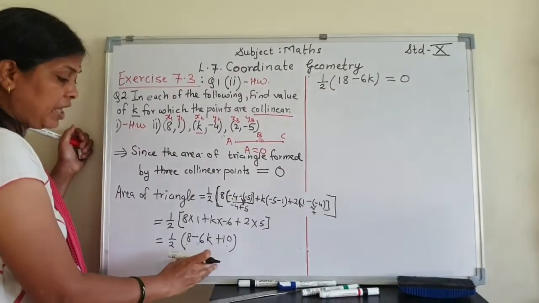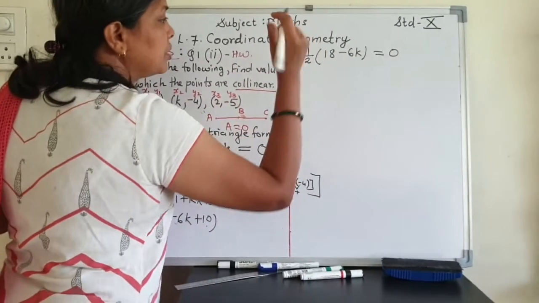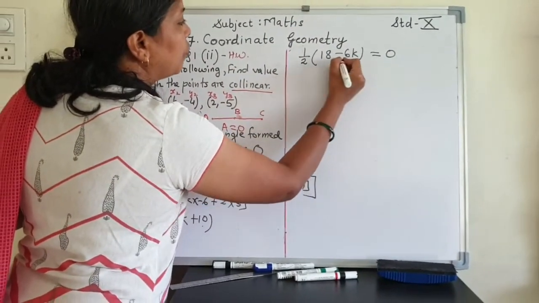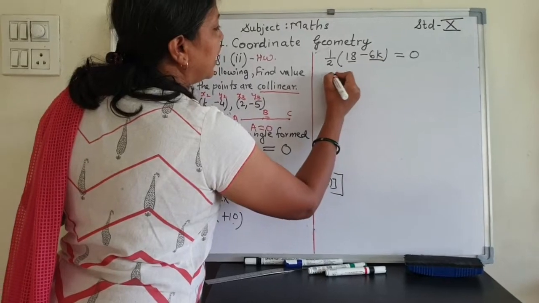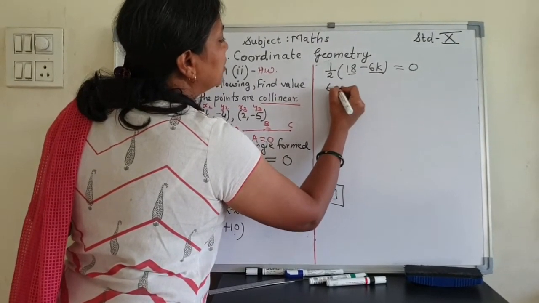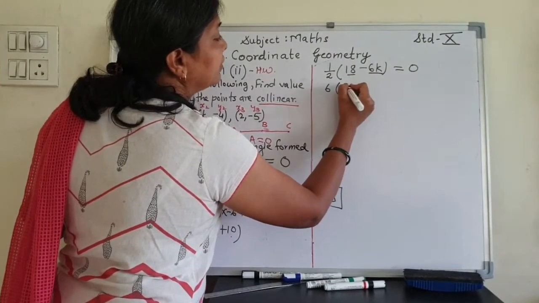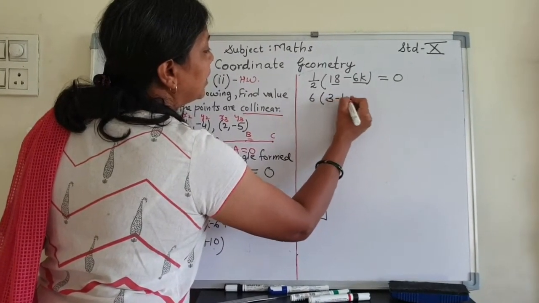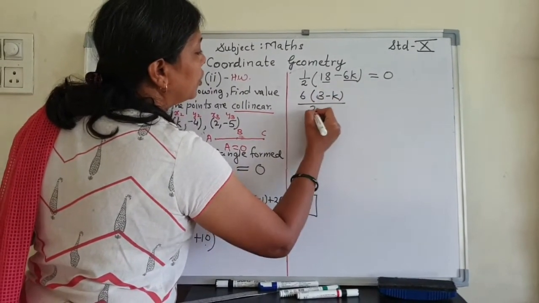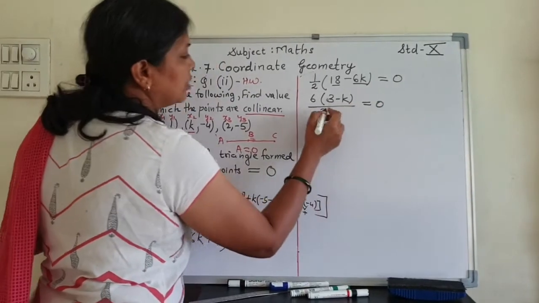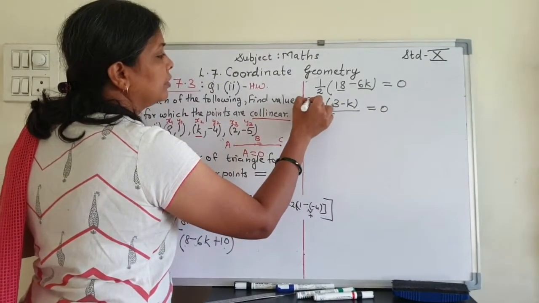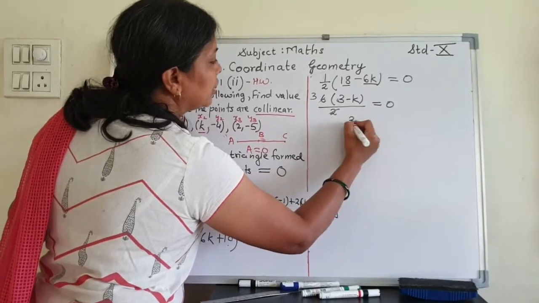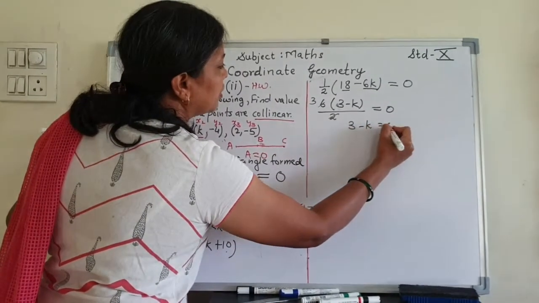So whatever area we found here is equal to 0. So what common we get from this? We can find 6 common. 6 in bracket, 3 minus k upon 2 is equal to 0. So here we get 3 minus k is equal to 0.